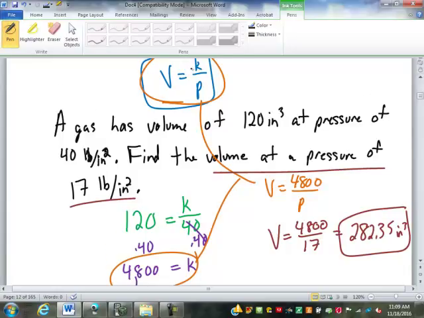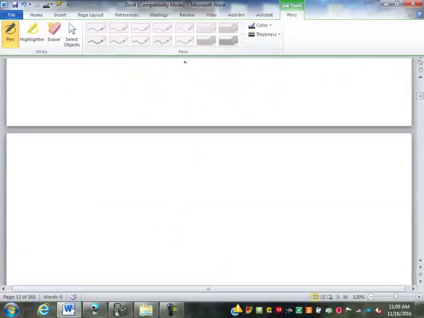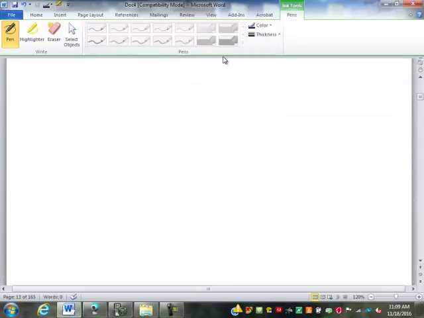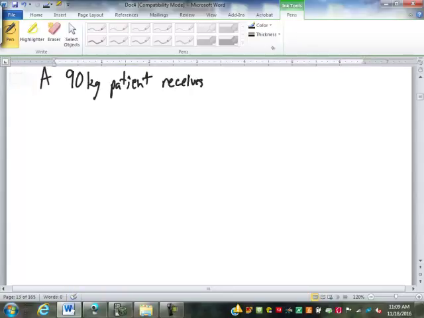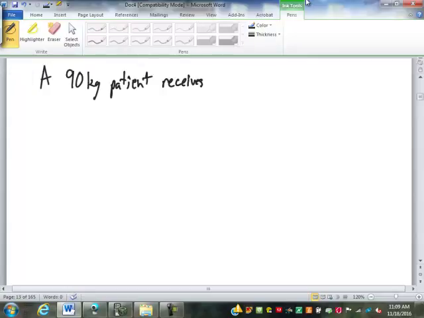So I'm going to have you guys try a couple in your notes here. First one I'm going to have you try is a 90 kilogram patient receives 495 milligrams of medication.